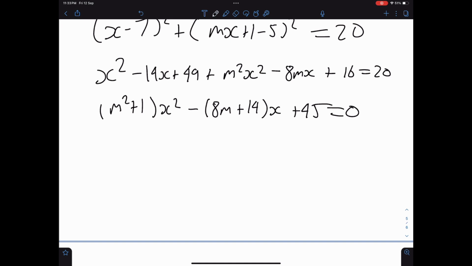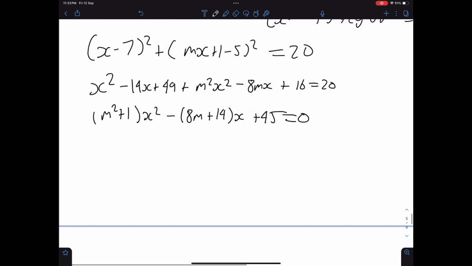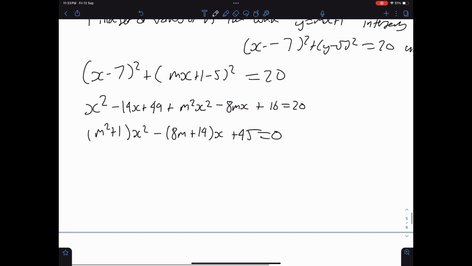And now we apply the discriminant. And we go, the discriminant is equal to b squared minus 4 times a times c.